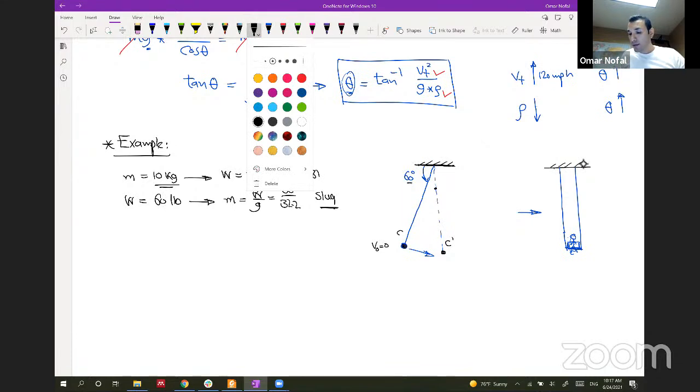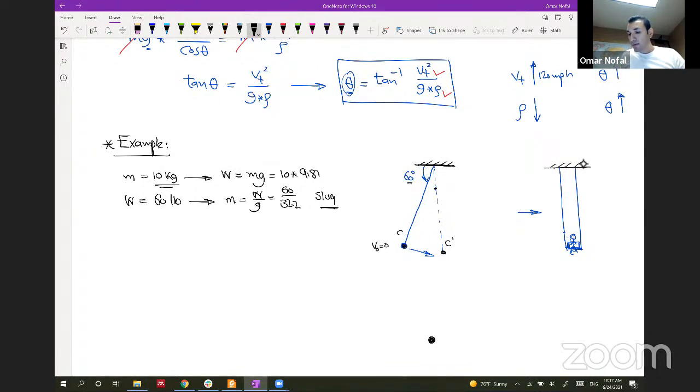So let's assume that this is the chair, and at any angle theta, let's assume that here's the vertical, and here's the line, and this is any angle theta. So the forces that we have here are the tension forces in the cables, and we have two of them, T and T. So we will have 2T here.